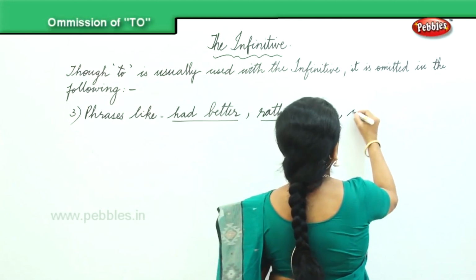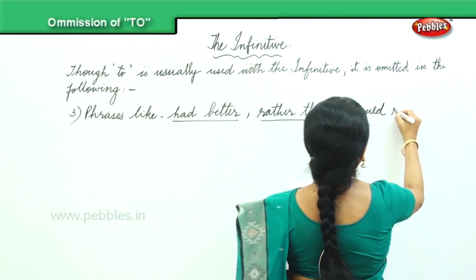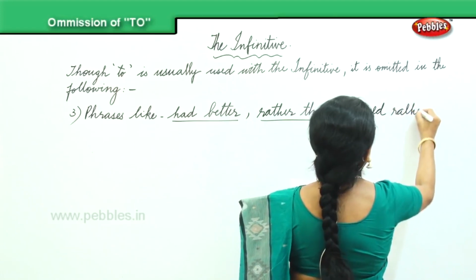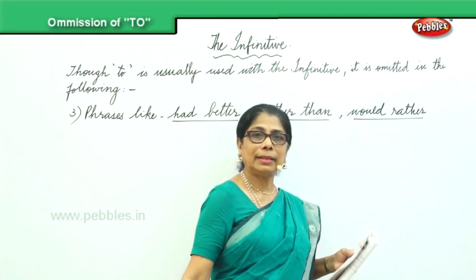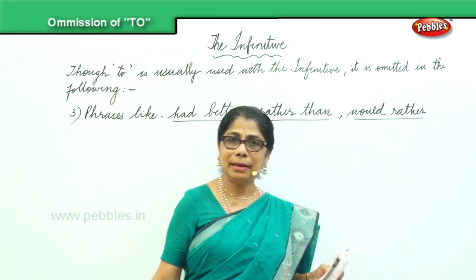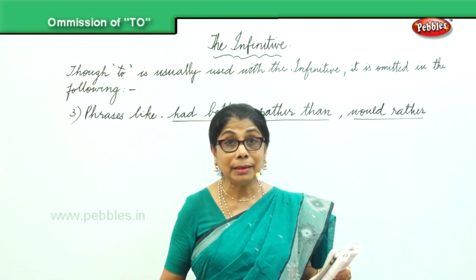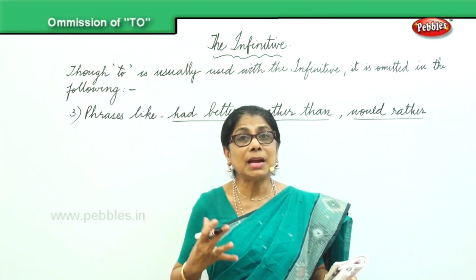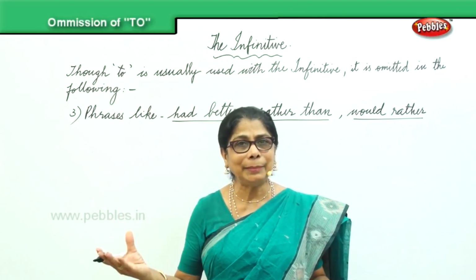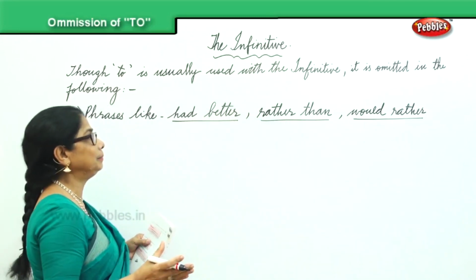Okay, another one I have here is would rather. I would rather go home than get caught in the rain. I would rather wake early. Otherwise, I'll miss the bus. I would rather start early to be on time in school. So the phrases had better.